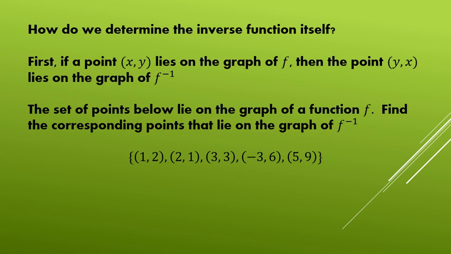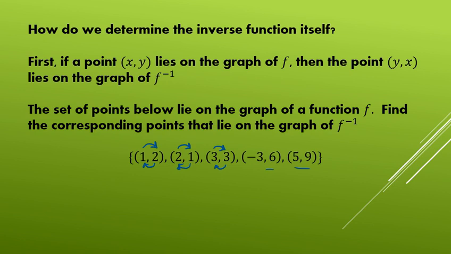So I give you 5 ordered pairs here. These points lie on the graph of f. Find the corresponding points that lie on the graph of f inverse. So as we said, all we're doing is switching the places of the x and y coordinates. Flip those, flip those, flip those, and so on.